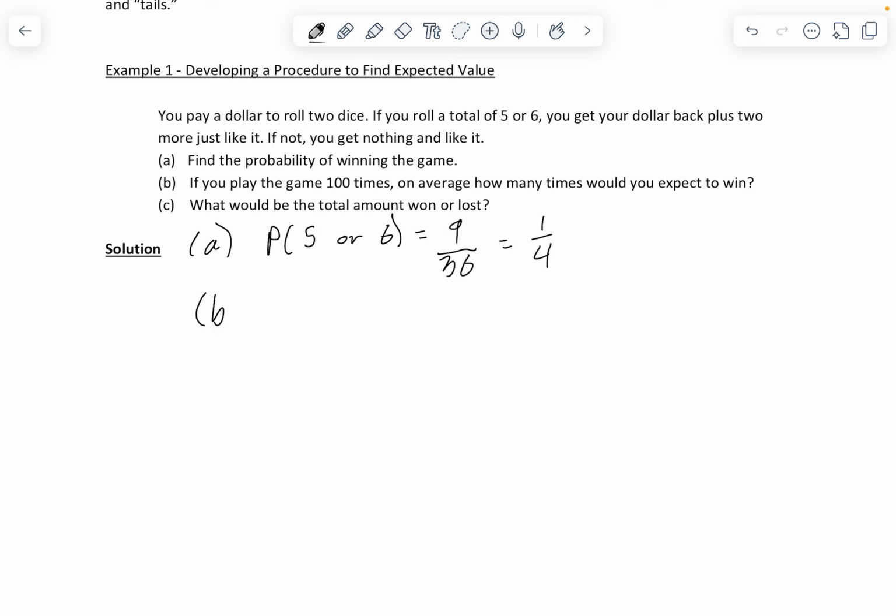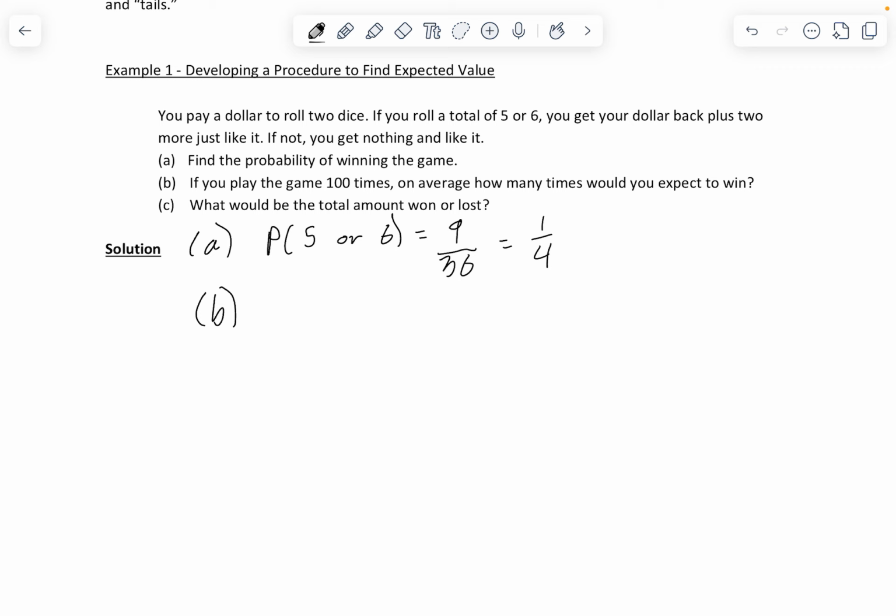Okay. If you play the game 100 times, on average, how many times would you expect to win? Well, since you have a 1 out of 4 chance of winning any game, on average, if you played 100 games, you'd expect to win 1 out of 4 of those, right? Or 25.